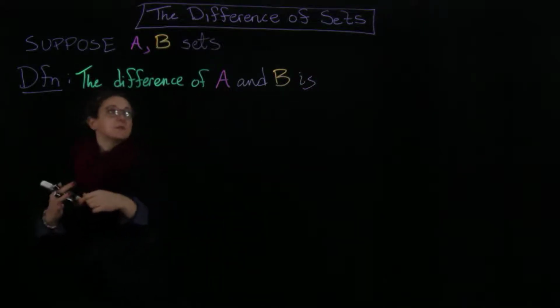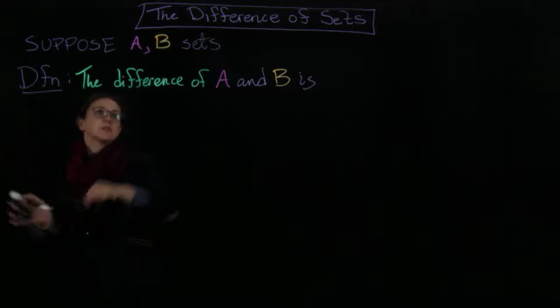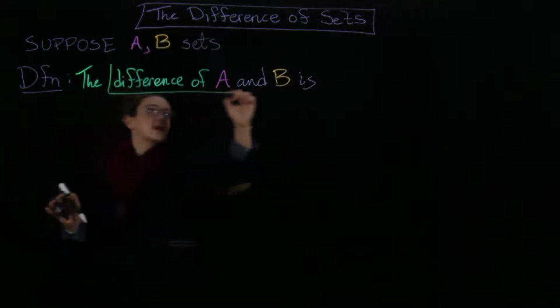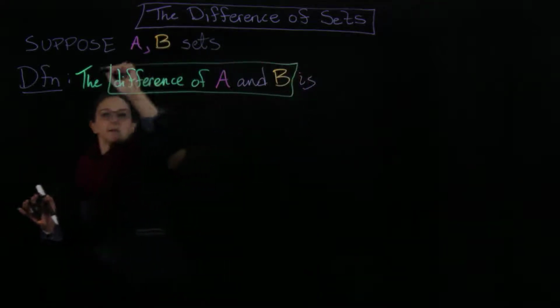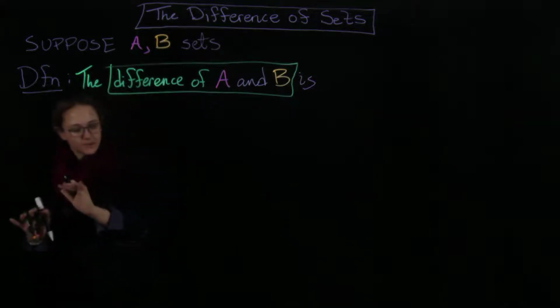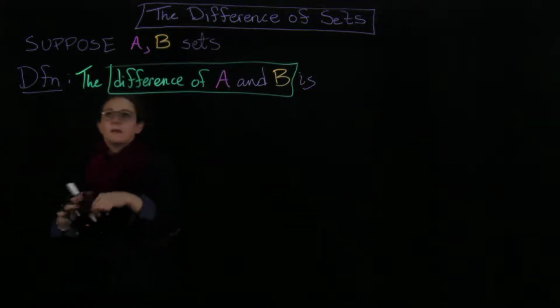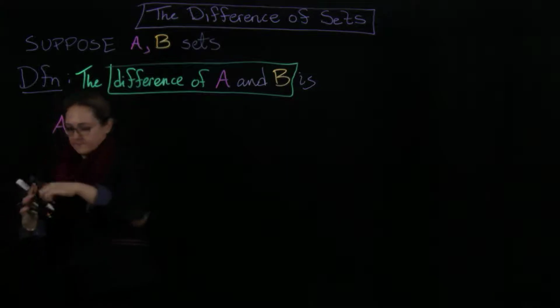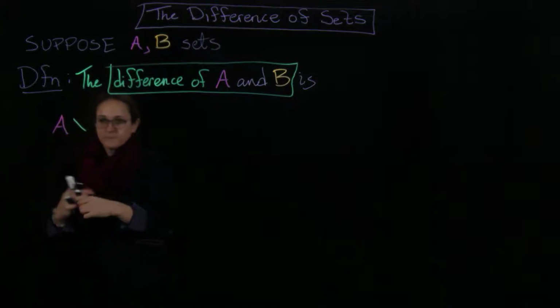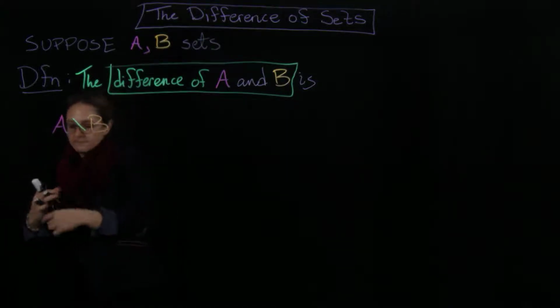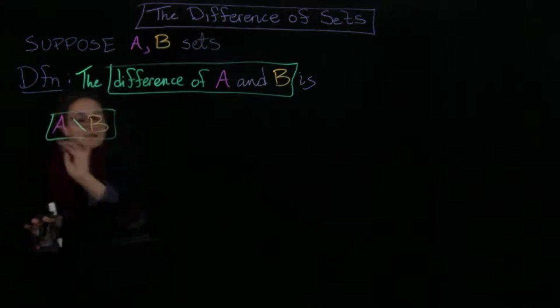So the notation for it is going to be, let's box first, we know that we're talking about the difference of A and B, as this is what we're defining. So we've got A without B. What is this equal to?